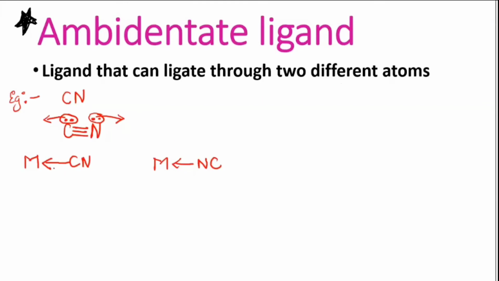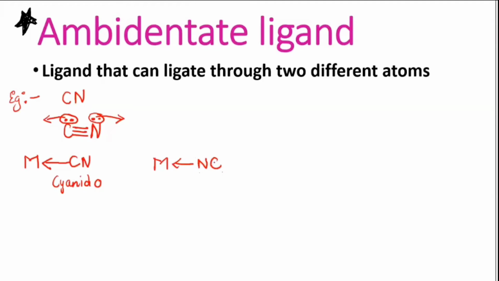Now here, carbon is linking with the nitrogen, then this is called cyanido. The name which we are using here is cyanido. And the next structure which I have written, NC, is the same compound. The number of atoms are similar, that means the molecular formula is similar. Only the way they have arranged themselves is different, so this is an isomer.